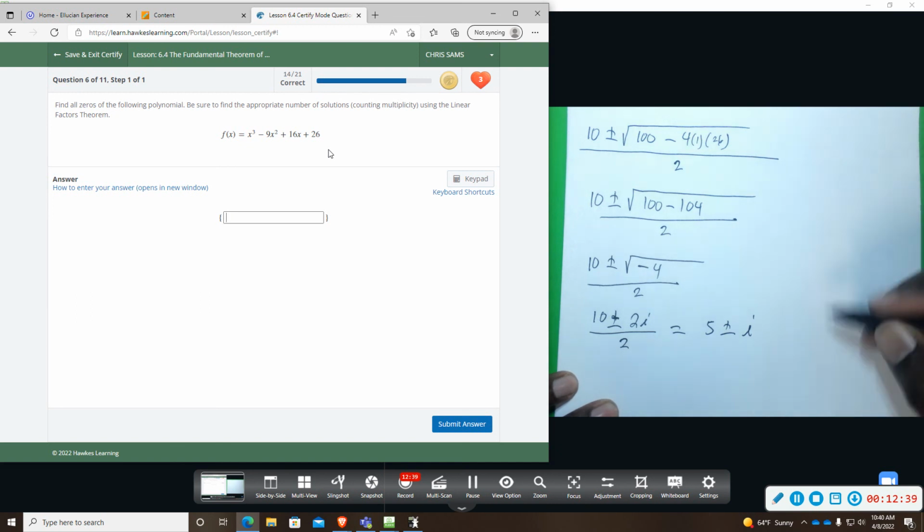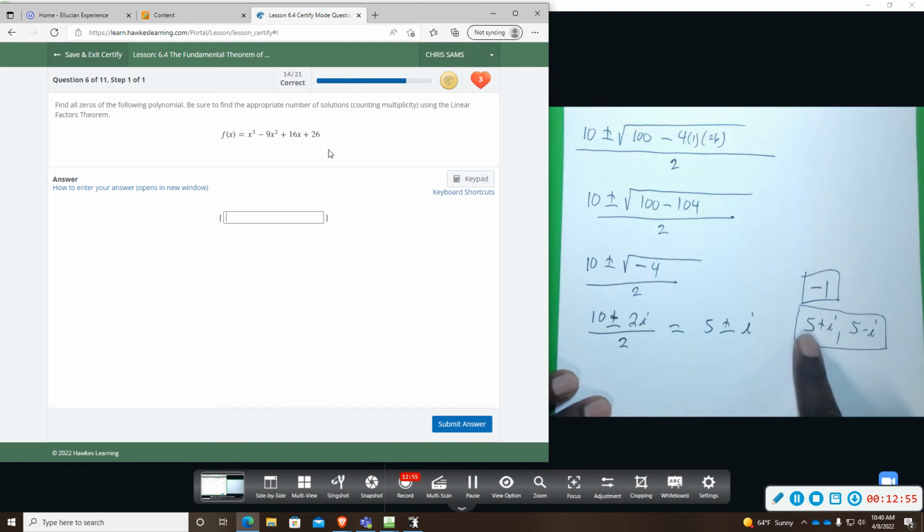So my other two zeros are 5 plus i and 5 minus i. And then also -1, that's the one we found by doing synthetic division. So both of these will give you, I guess 5 is bigger than the square root of -1. Well, it is. And so that's your 2 positive zeros, and then that's your 1 negative 0.